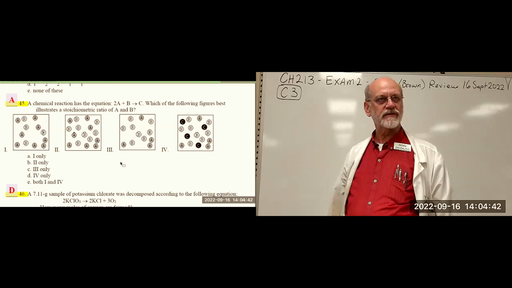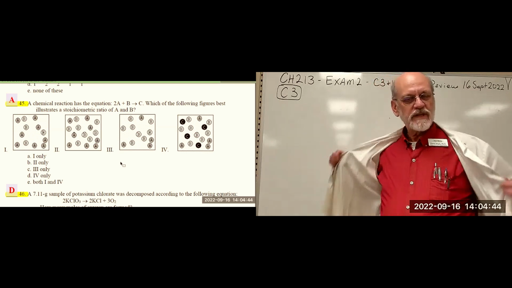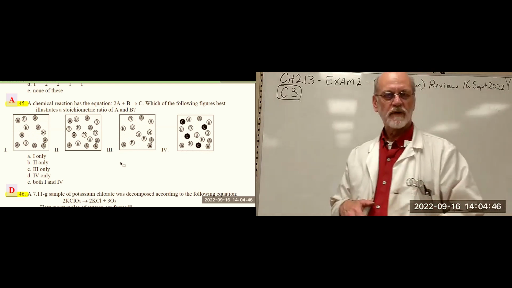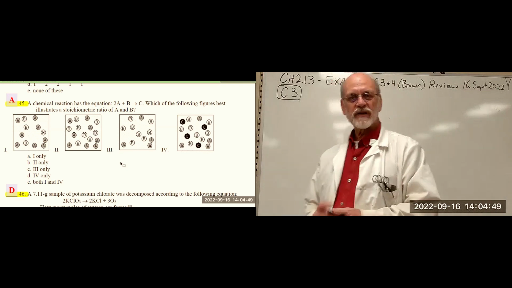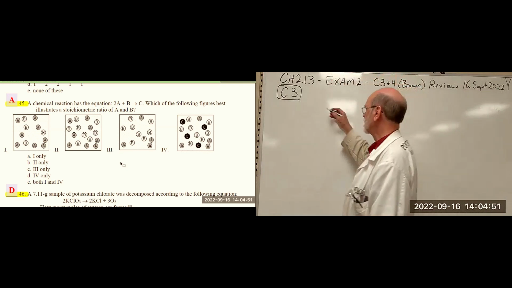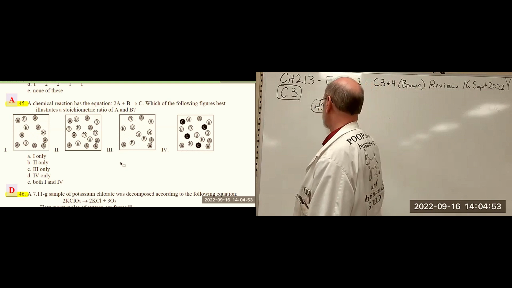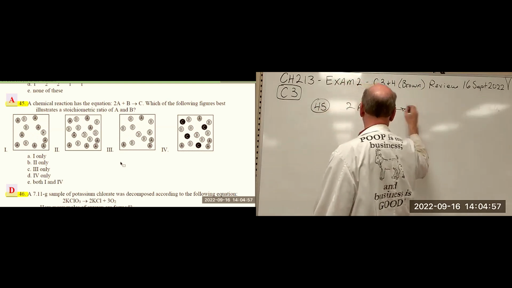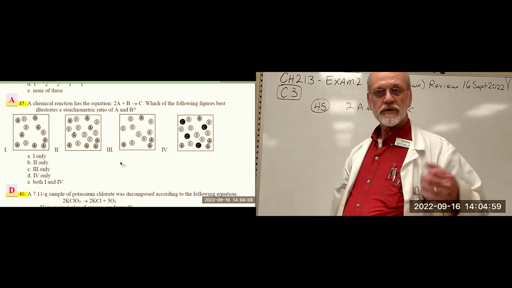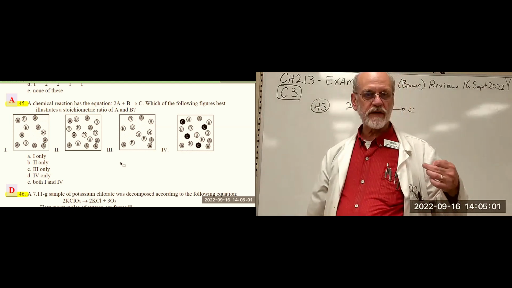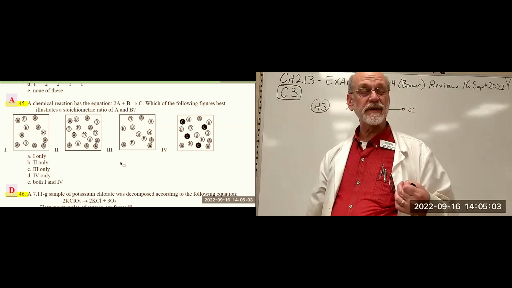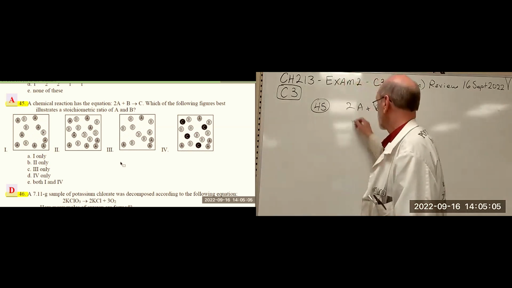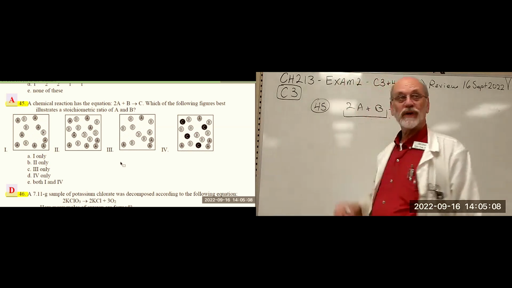So 45 is kind of like that first one we did with the solids, liquids, and gases. You have to read the problem and say, what is it asking for? If the equation is 2A plus B yields C, what's the question? Which of the following figures best illustrates a stoichiometric ratio of A and B? That means that only.